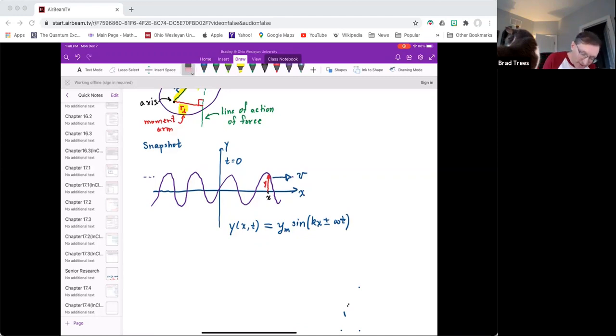If the wave is traveling in the plus x direction, then this needs to be a minus sign, not a plus. Now, if you were told that the wave is traveling in the negative x direction at speed v, then the sign between the kx and the omega t would be a plus sign.